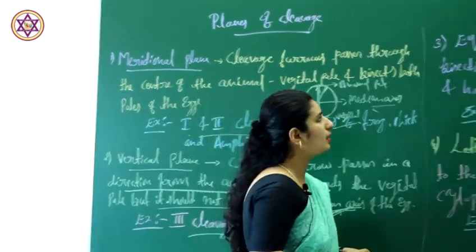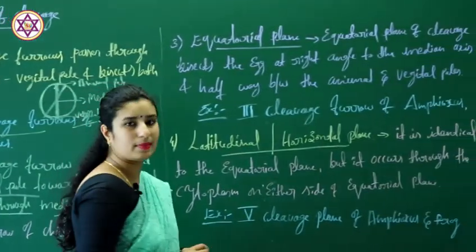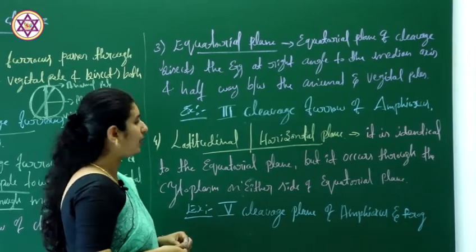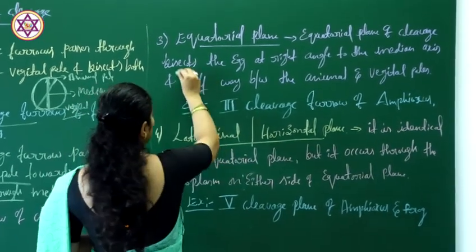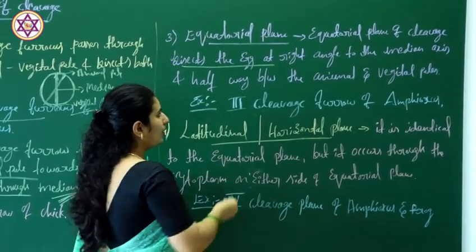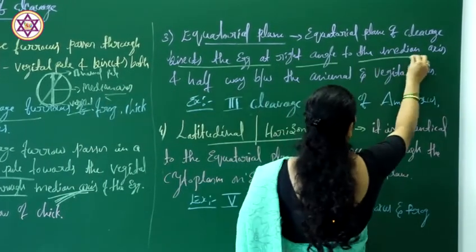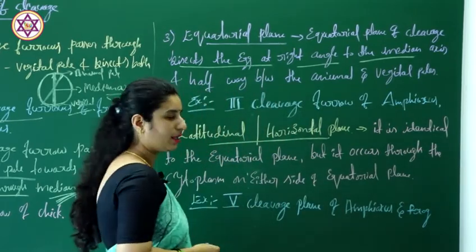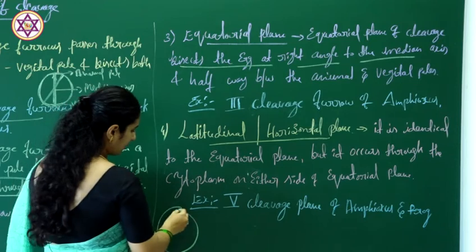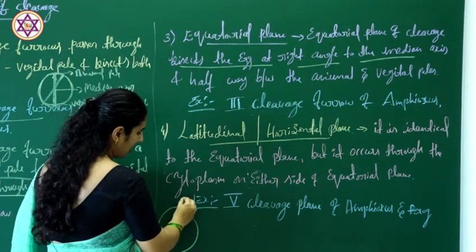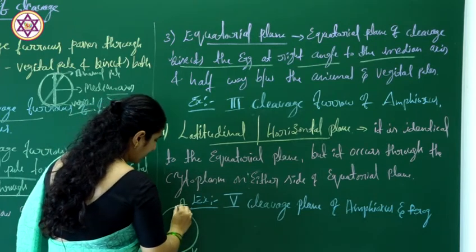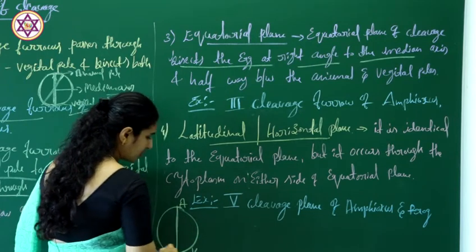And the third one is equatorial plane. Here, as the name says, the equatorial plane of cleavage bisects the egg at right angle to the median axis. Let me draw the diagram. Consider this is an egg, the animal pole is present and the vegetal pole is present at the bottom. So this is the median axis.